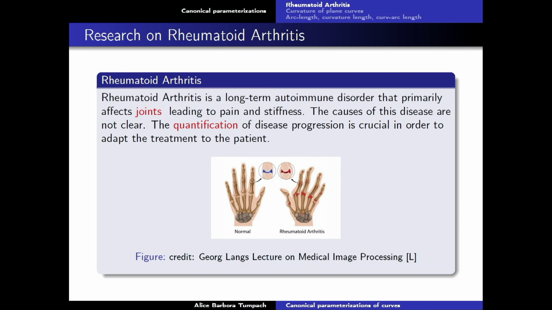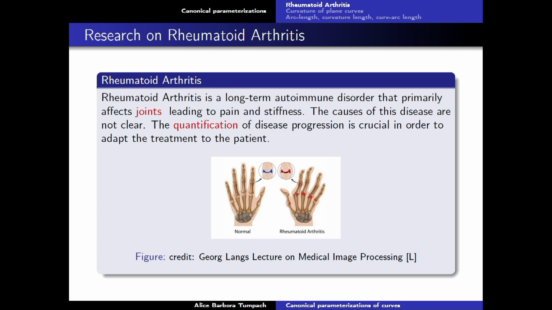So let me start with a motivation, which is a research on rheumatoid arthritis, which is an autoimmune disorder. Actually, it's a disease that affects the joints and is very painful.